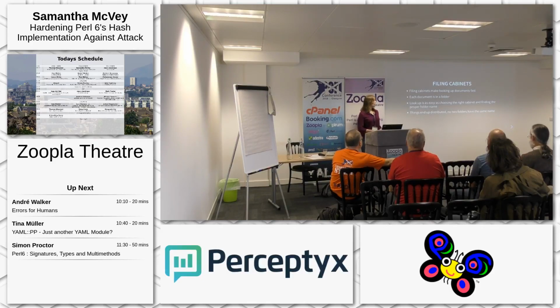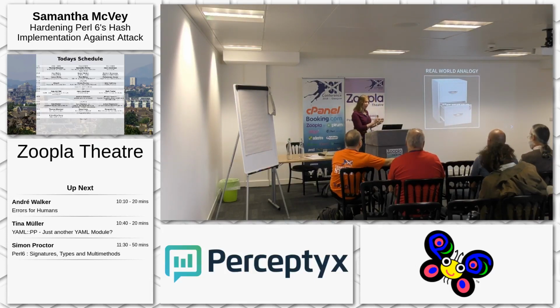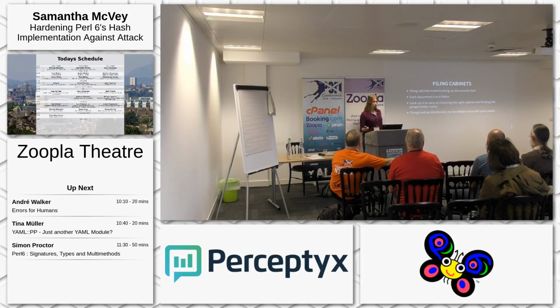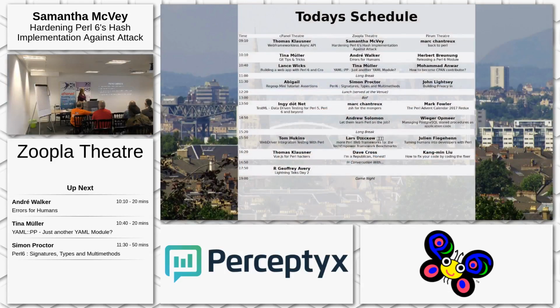Each document is in a folder, and each one is labeled. This is just by letter, but imagine if it said something like taxes or such and such car bill, October 2018. Every folder is going to have hopefully a distinct tag on it. And so looking up is easy. You choose the right cabinet based on A to Z or so, and you look at the tabs of the folders. There it is. You take it out. Okay, that's what I wanted.